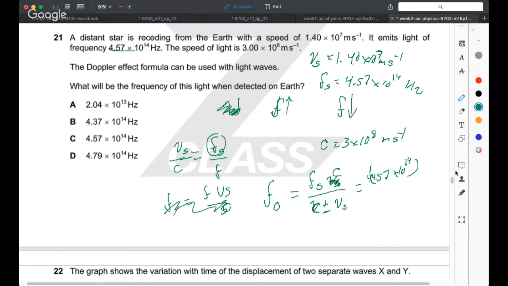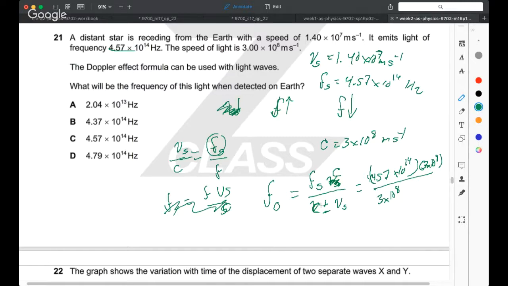This is c again, so it's 3 times 10^8 over 3 times 10^8. So is it plus or minus? Plus. Why plus?